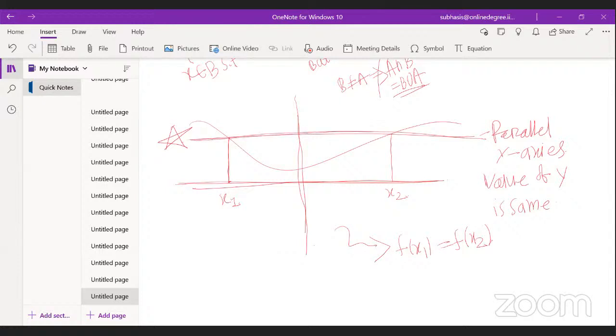You have one line here, another line here, another line here. You have to check all the possible lines. Then only you can say whether that function is 1-1 or not.